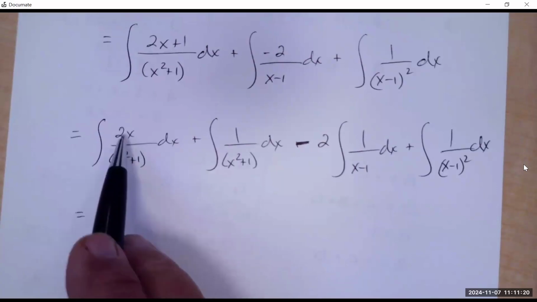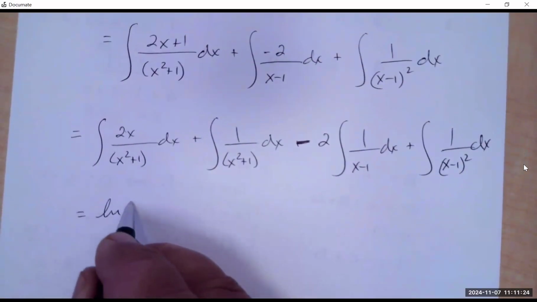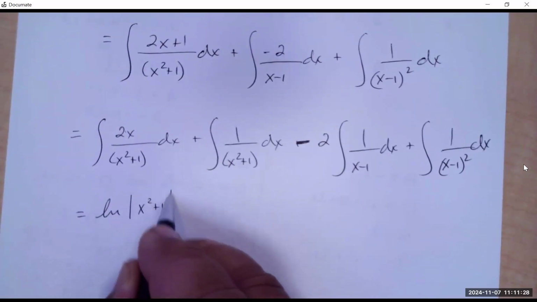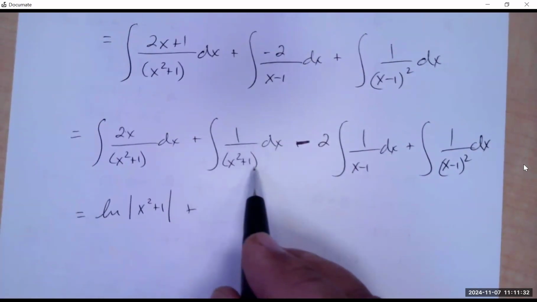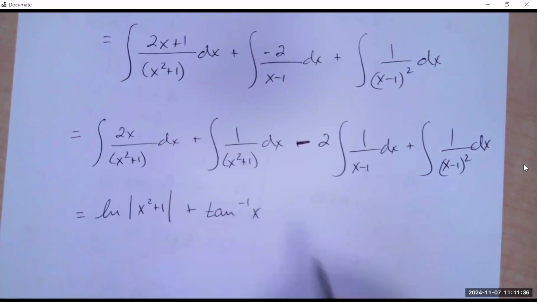So this is du over u, which makes it ln of x squared plus 1. 1 over x squared plus 1 is still the inverse tangent of x.